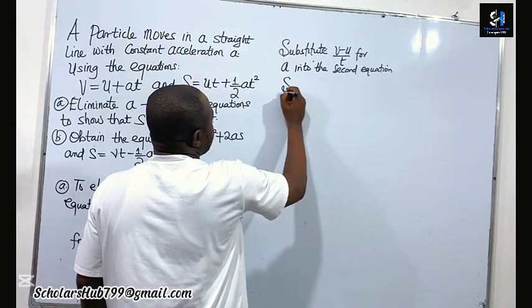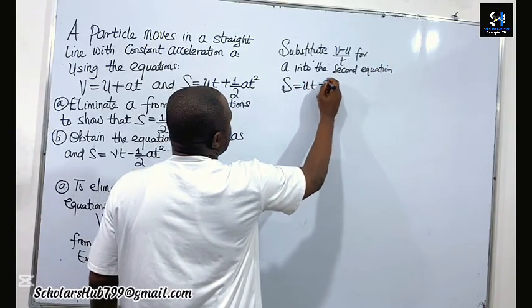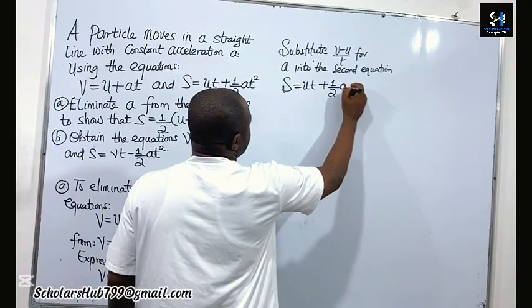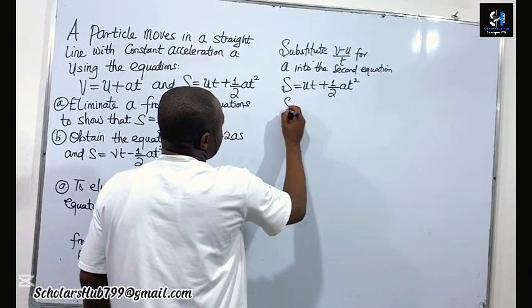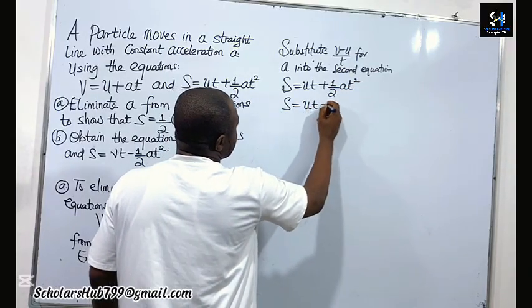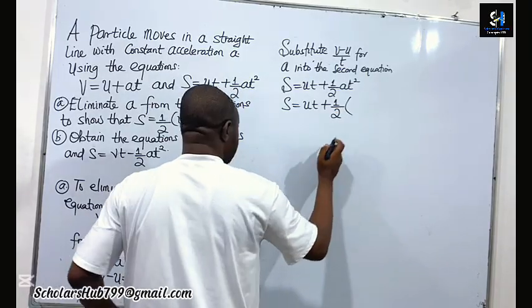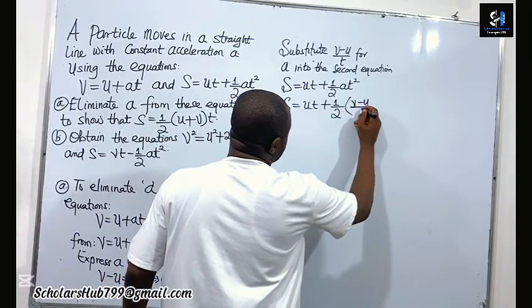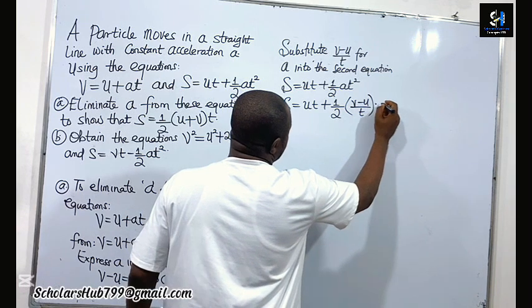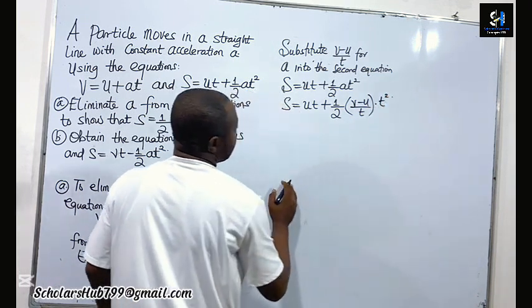Now the second equation is s equals ut plus 1/2 of at squared. So this will be ut plus 1/2 of, now the acceleration is v minus u, change in velocity over time, multiplied by t squared.